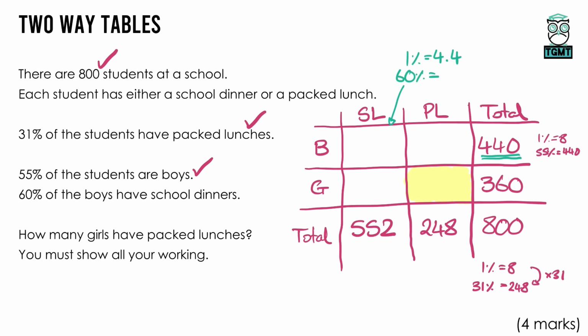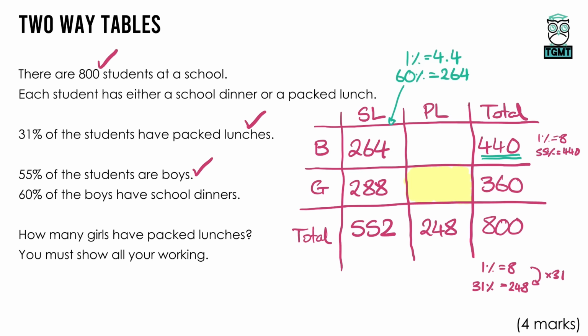So 4.4 times 60 gives us 264. So there we go, 264 go into this box. We can now work out how many girls had the school dinners, because there were 552 students that had school dinners. 264 of them are boys, so that means 288 of them were girls.